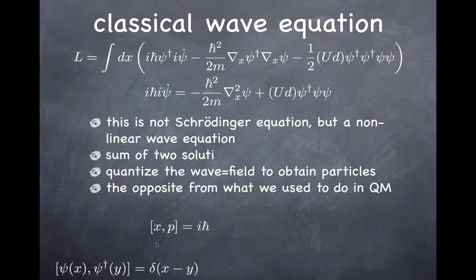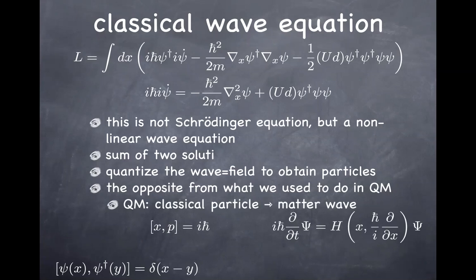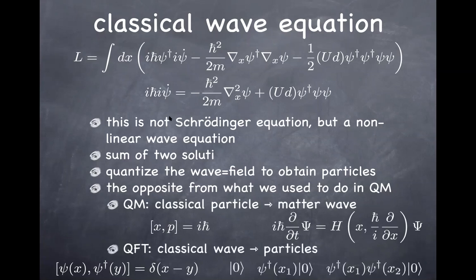So in quantum mechanics, you start with particles, you set up this quantum commutation relation, and you get the Schrödinger wave function out. So you go from particles to waves. But in quantum field theory, you go from a classical wave equation to particles, namely that you have this wave, but you use this psi to now create particles.